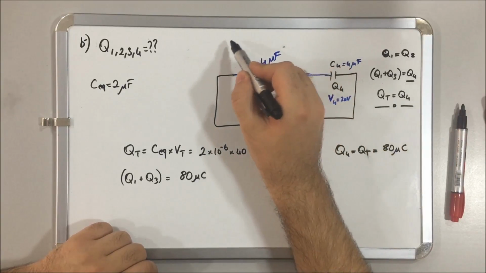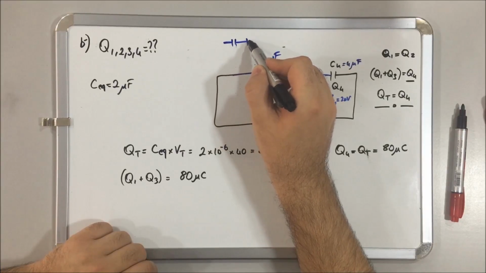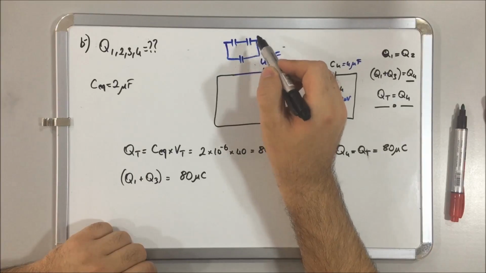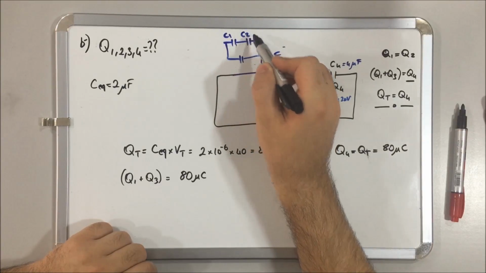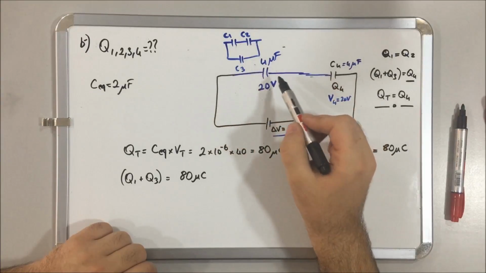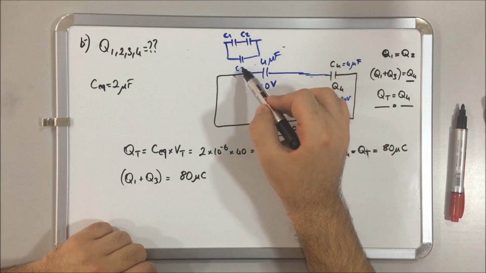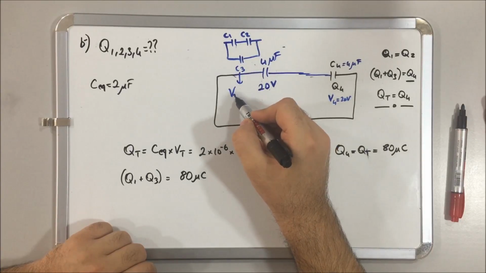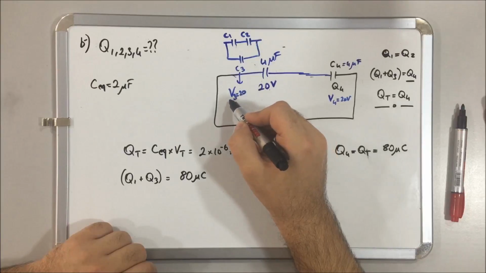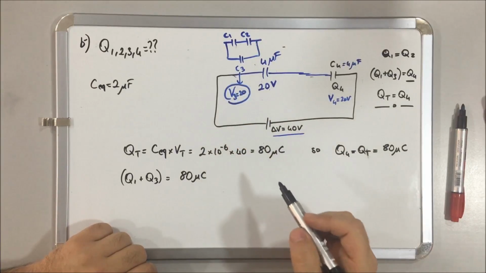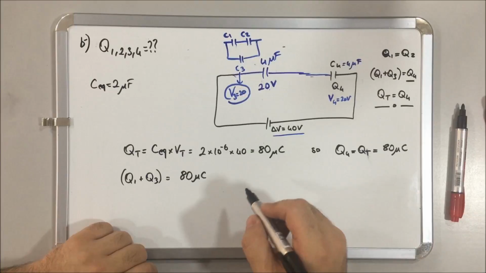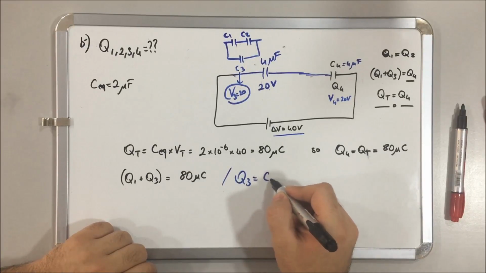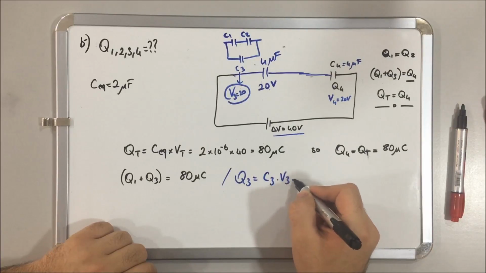And here it was C1, C2 and C3. So they are parallel to each other. Potentials of C3, it means V3 will be 20 volt. It must be 20 volt. So if we calculate the Q3, is equals to C3 times V3.